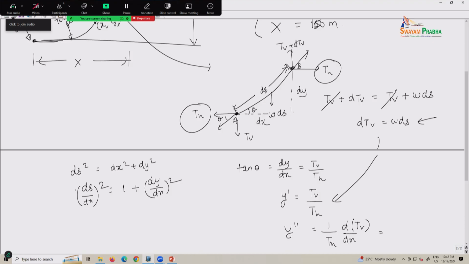Now this dTv is equivalent to w into ds, correct or not? I am bringing this dTv from here, by Th into dx, right? We did nothing, we have just taken a very small element, tried to do the force balance, tried to establish some relations, and are mixing them up to get some expression. That is what we are attempting as of now, right?